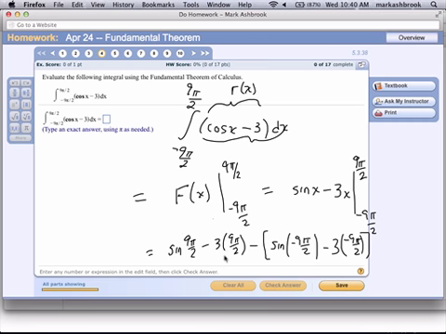So it's going to be 1 minus 3 times 9 pi. And then this is going to be negative 1, so plus another 1. So I'm seeing 2 minus 27 pi.